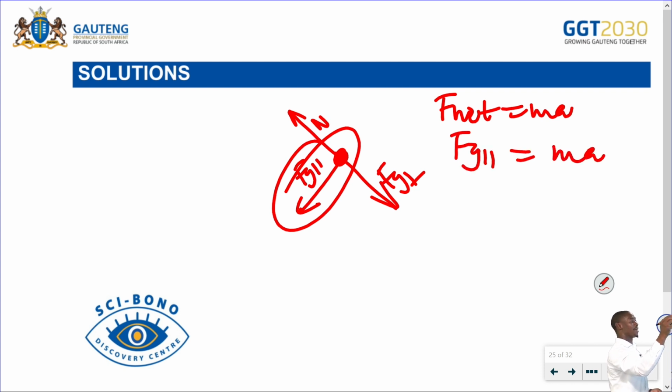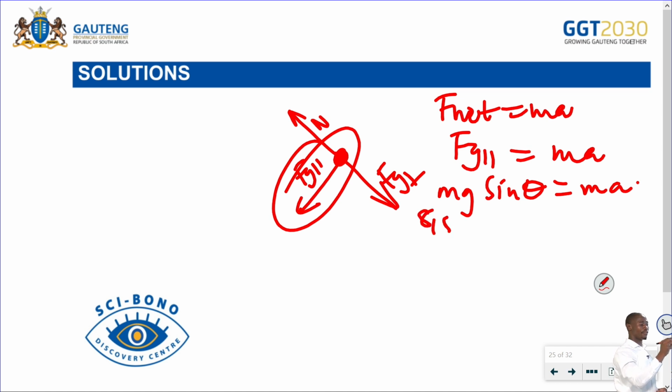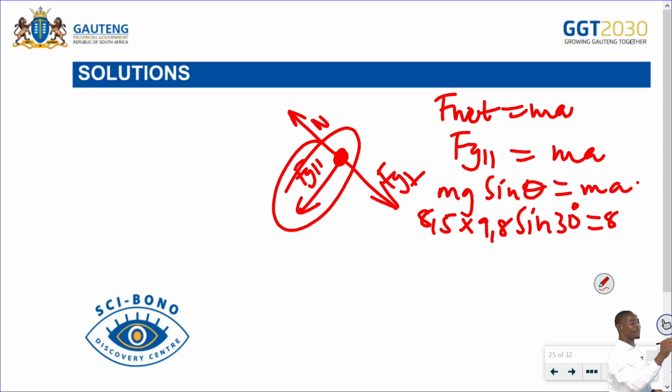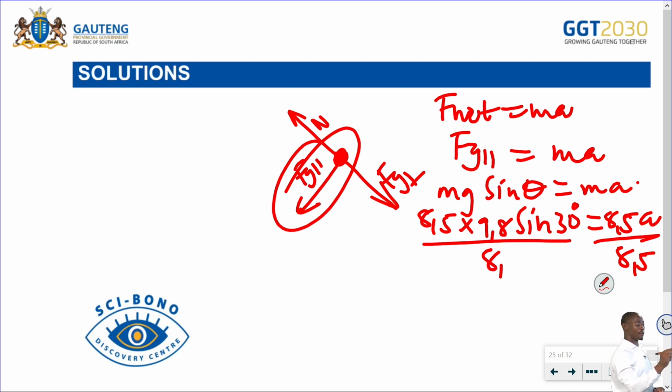This is equal to Ma, which is Mg sine theta equals the mass times acceleration, which is 8.5 times 9.8 sine the angle of inclination, 30 degrees, equals 8.5 multiplied by a, which is what we are looking for. Then we just divide this by 8.5. Then you'll get the magnitude of acceleration.